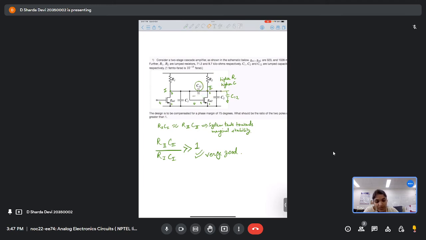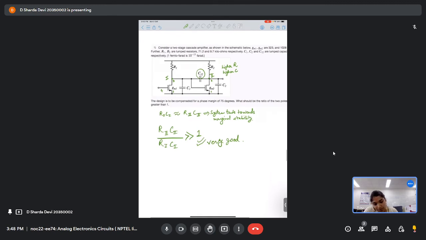See, the resistances that we observe at these two points are very important. Why? Because the gain of this whole system becomes gm1 R1 times gm2 R2.